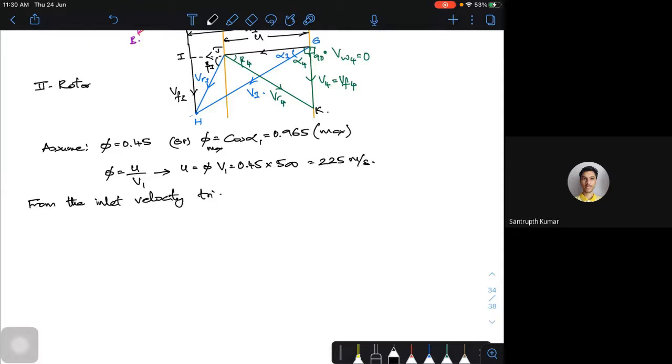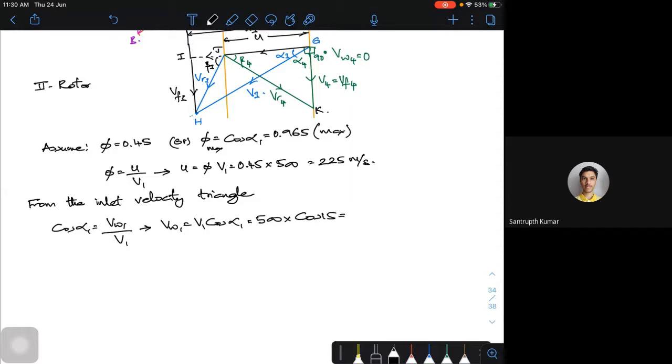From the inlet velocity triangle, cos alpha 1 is equal to VW1 by V1, or VW1 is equal to V1 cos alpha 1, which is 500 into cos 15.